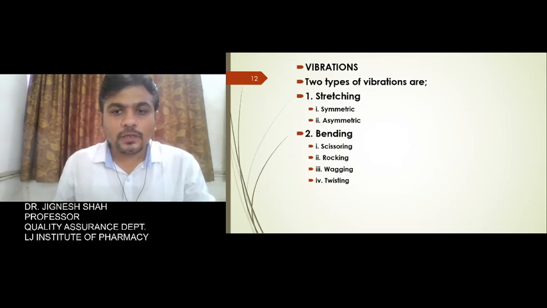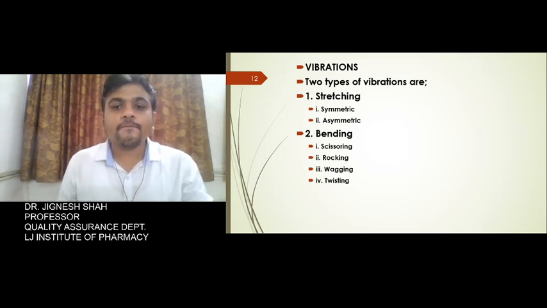Now, as we have gone through earlier, IR spectroscopy is related to the change in the vibrational energy level of the molecule. If we go with the vibration, then there are two different types of vibration which are mainly found in case of IR spectroscopy. One is the stretching type of vibration, and the other one is known as the bending type of vibration.